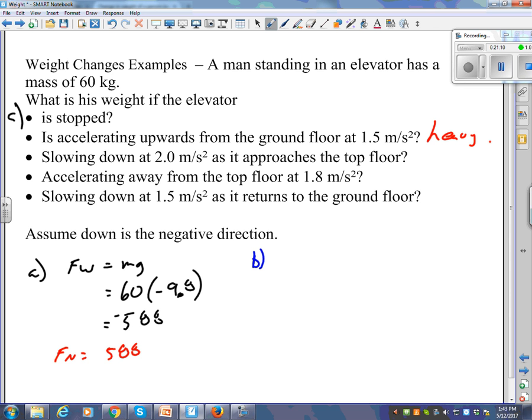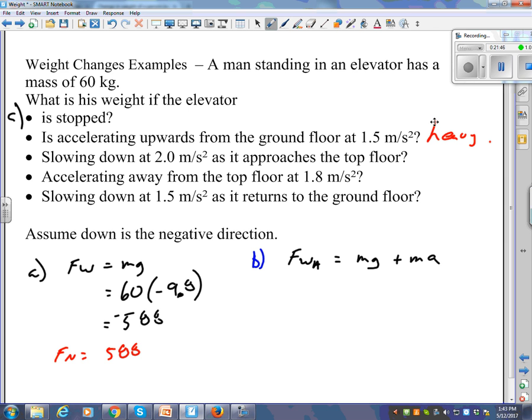I'm going to use F_WA for my apparent weight. My apparent weight. What I apparently weigh. What I feel like I'm weighing. Now that's going to be your mass times gravity, plus your mass times the acceleration up. The more you accelerate up, the more you weigh.